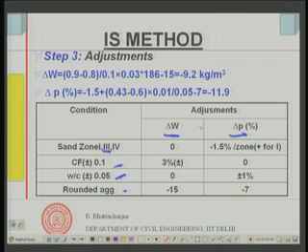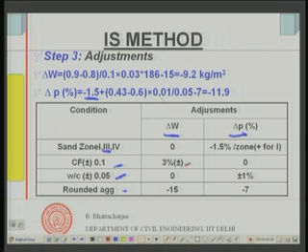So, let us see this. Since our sand is zone 3 and we said minus 1.5% for each zone, I will have minus 1.5 here. Then coming to compaction factor, this will have no effect in the water, so there is no effect here. Now, I had 0.9 compaction factor.